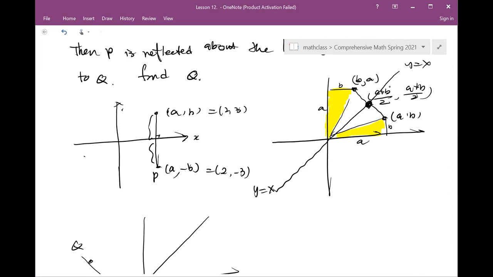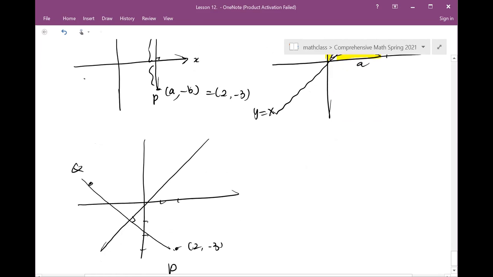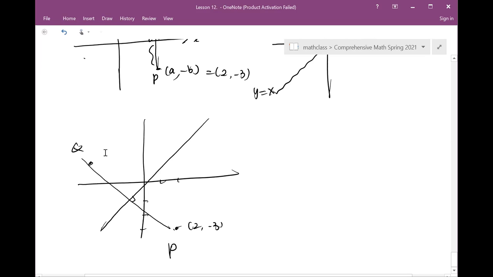Then you can calculate the distance. This distance equals that distance, right? Because the middle point is on this line. So if you know this, then the answer is very simple, and that point will be just switch the order. Okay, that's it. So -3, 2.